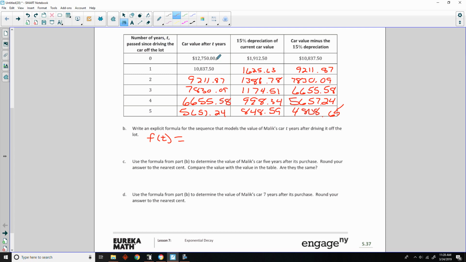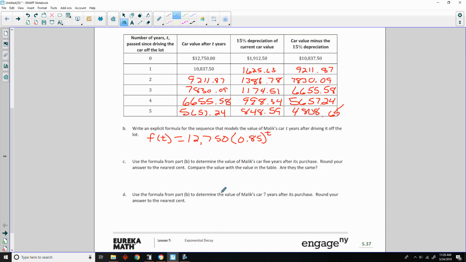It is only worth 85% immediately. It depreciates immediately. It's now considered a used car. You can't return it and get all your money back. So it's $12,750 is our initial value, and then we are going to take 85% of that to the power of t, the number of years.